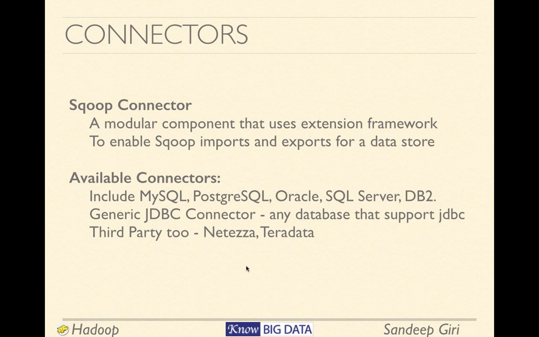There are native connectors for MySQL, PostgreSQL, Oracle, Microsoft SQL Server, and DB2. And there is a generic JDBC connector which connects over JDBC. Which effectively means any database that supports JDBC is also supported by Scoop. And there are other third-party connectors also, like Netezza and Teradata, for transporting the data.